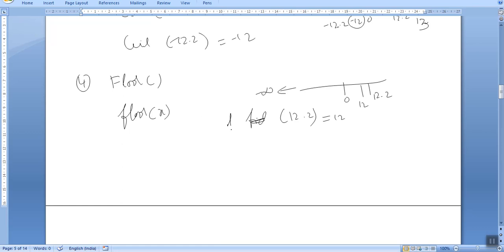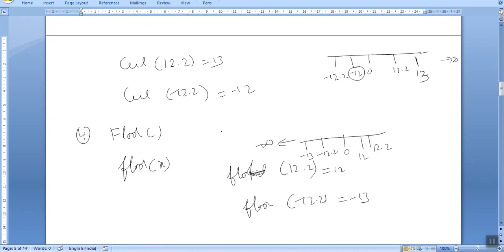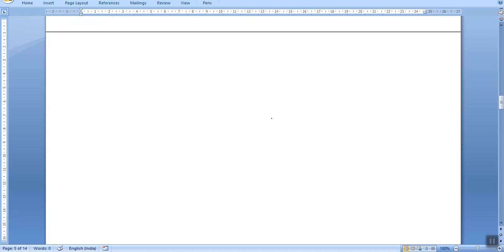Floor of minus 12.2, here minus 12.2, towards negative infinity is minus 13. So first we will discuss all these three functions. You should know the difference between these three, then only can you find the value.